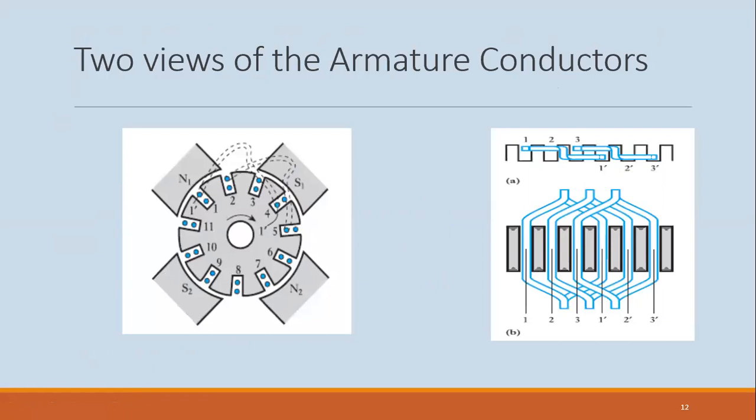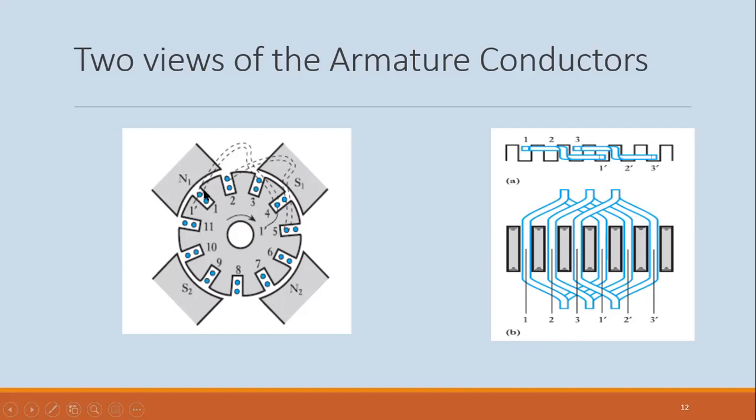All right, so this is showing again a little bit more detail of how the armature conductors are situated in the slots. So the dotted line, what's happening? Maybe we start on the left. Conductor 1 is here in this slot.